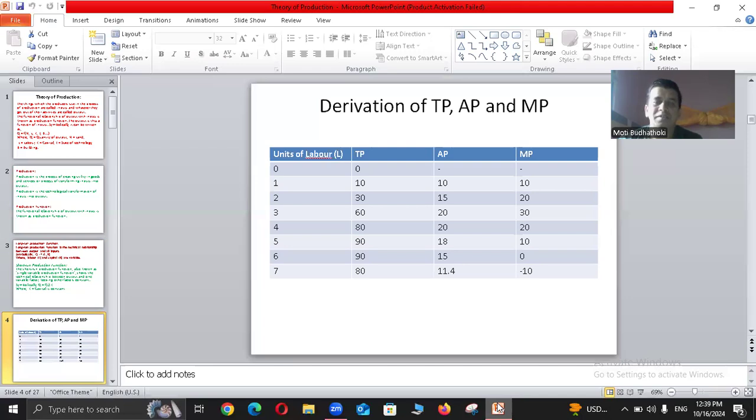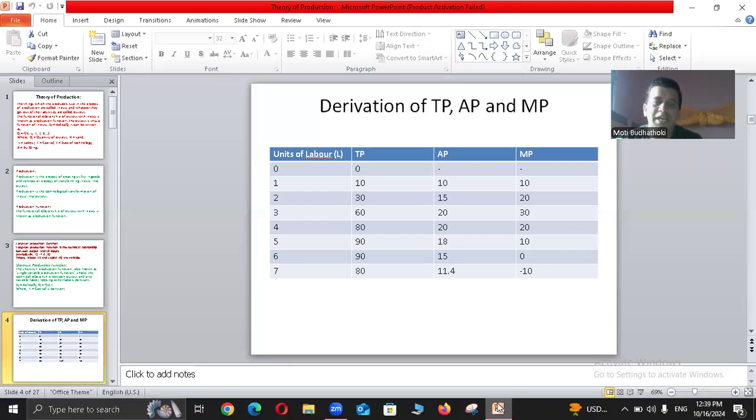These are the variable factors, labor, the changeable factor. In the beginning, the total product is 0 at level 0, and there isn't MP and AP. Then there are 10 units of output or total product by using 1 unit of labor, and AP and MP are all the same: 10, 10, 10.